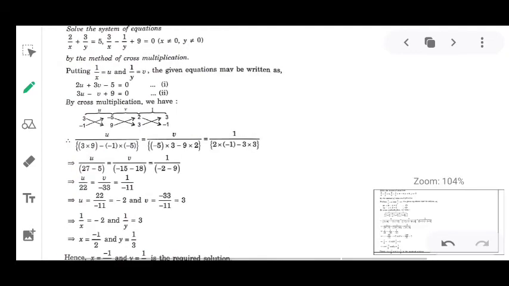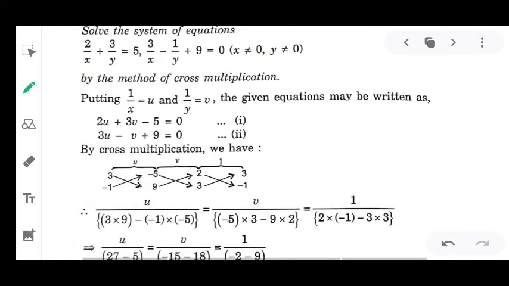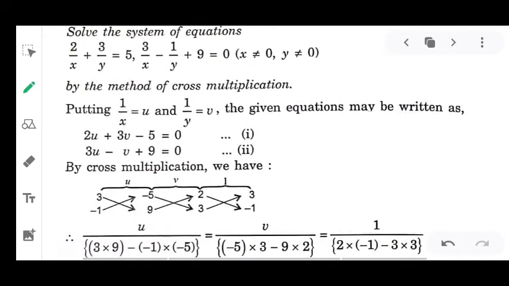Next example, solve the system of equations 2 by x plus 3 by y equal to 5 and 3 by x minus 1 by y plus 9 equal to 0. So here let 1 by x equal to u and 1 by y equal to v.